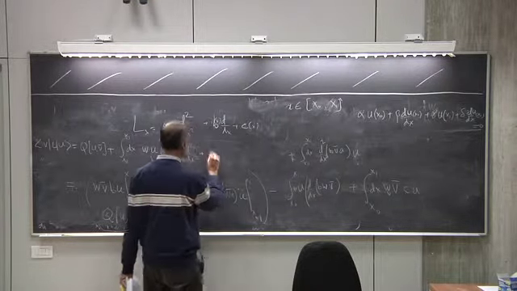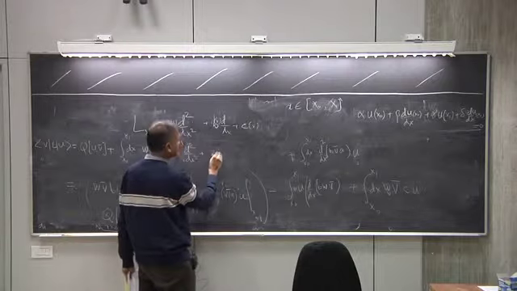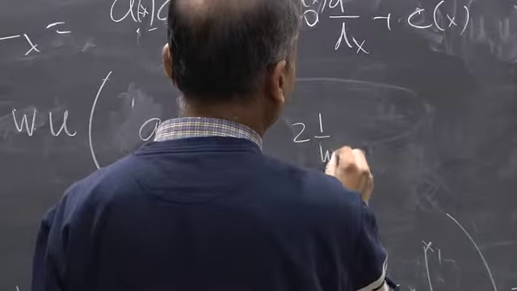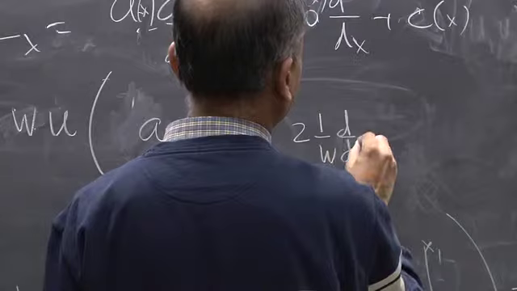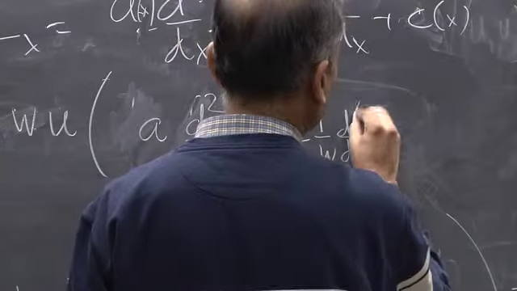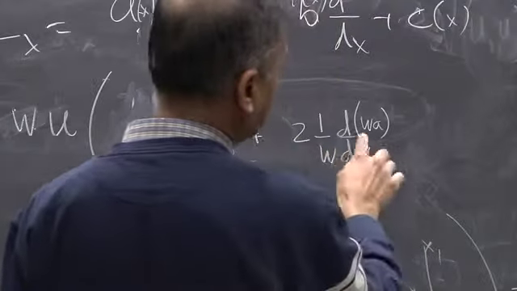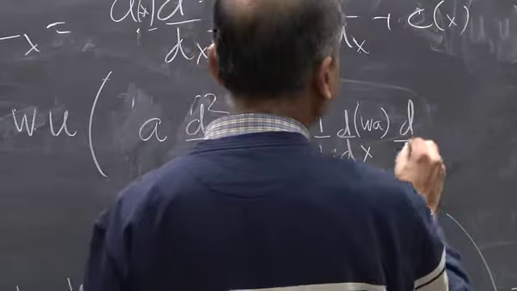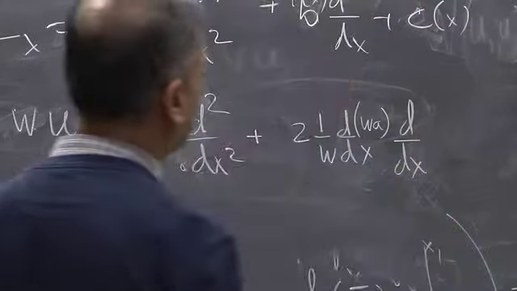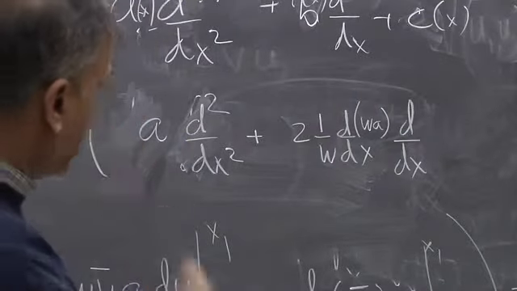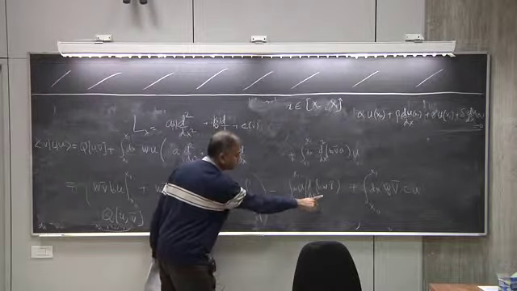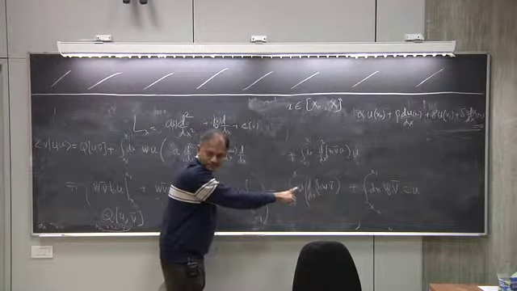So there will be a factor of 2, and then you get here 1 over w times the derivative of wa times d by dx acting on v bar. Okay. But then there is also another d by dx acting on v bar, which is coming from here, right?